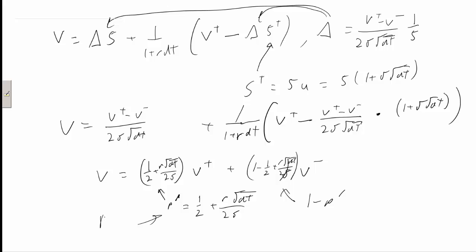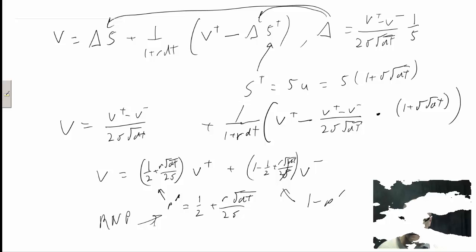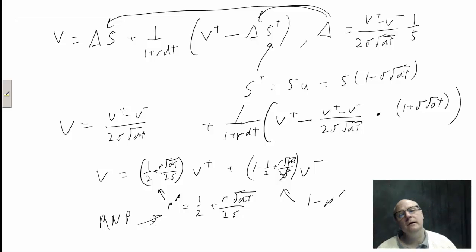That P prime, that's my risk-neutral probability. We got a half in the last video, because we made r equal to 0, we ignored time value of money. So P prime would end up being a half. But if there's time value of money, then our P prime is going to be always bigger than a half.